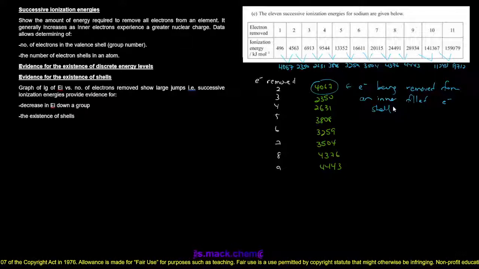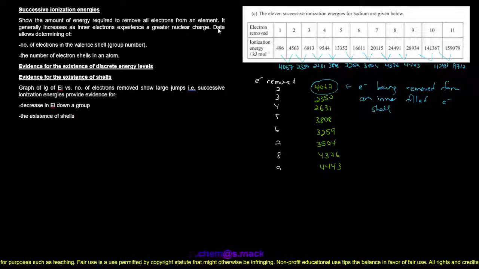This should tell me that if it took 496 kilojoules to remove the first electron, and there's a large jump in order to remove the second electron, this electron would be in an inner filled electron shell.